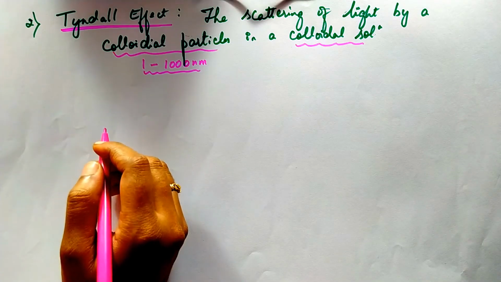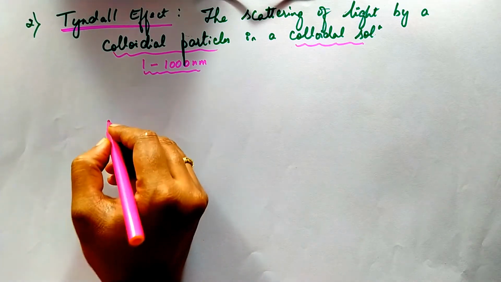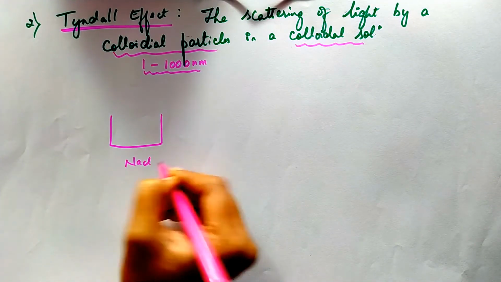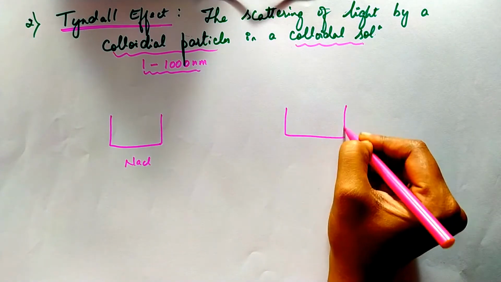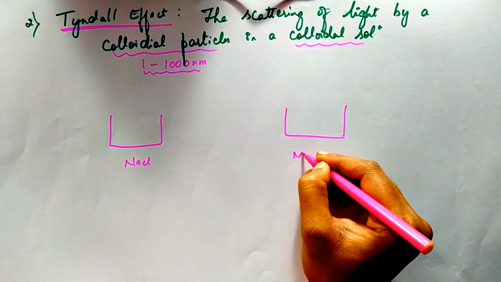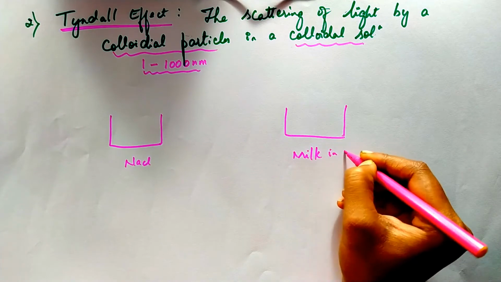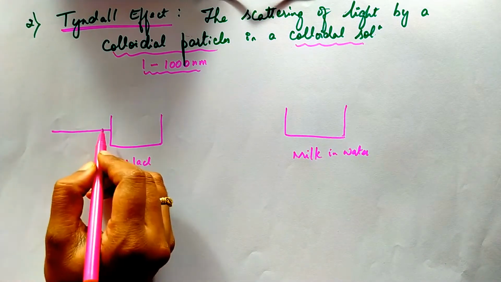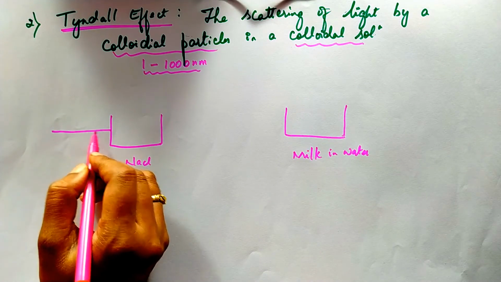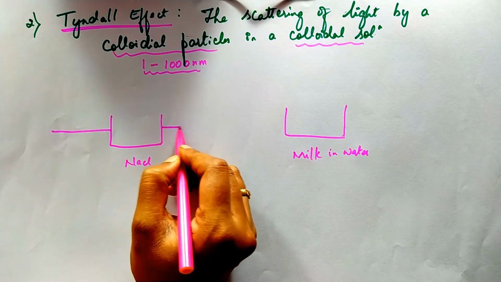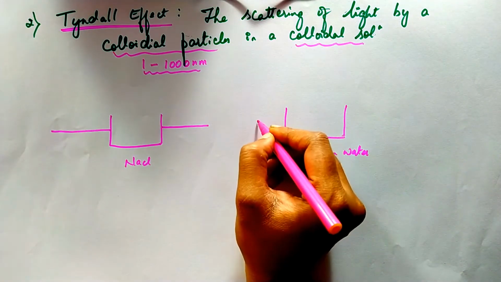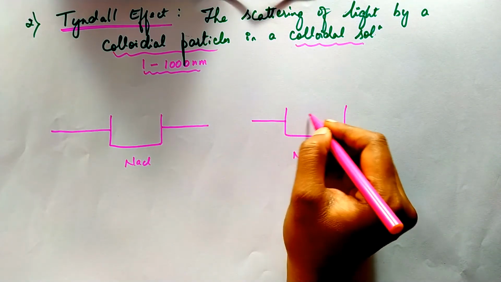So what you observed in the activity: in the true solution, I have taken NaCl with water, and the colloidal solution is milk in water. When you transmit the light through the true solution, the light gets transmitted completely. But in the colloidal solution, when you transmit a light, the light gets scattered.